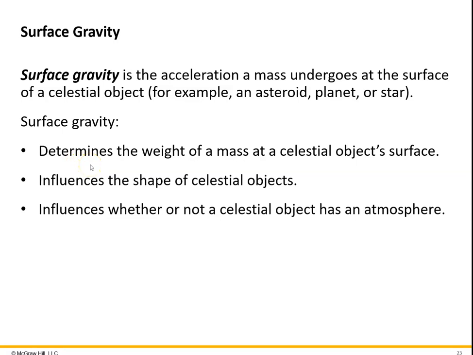There are some that are a bit larger and they are round, but most of the asteroids that exist between Mars and Jupiter are kind of potato shaped, not perfectly round like planets.